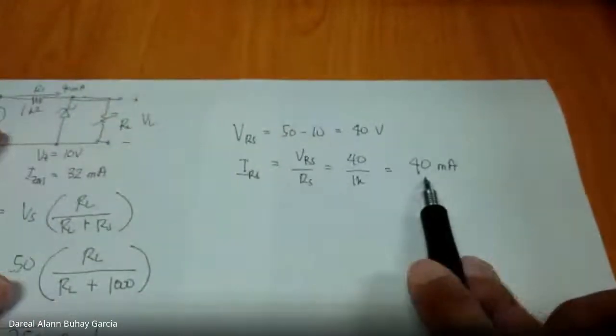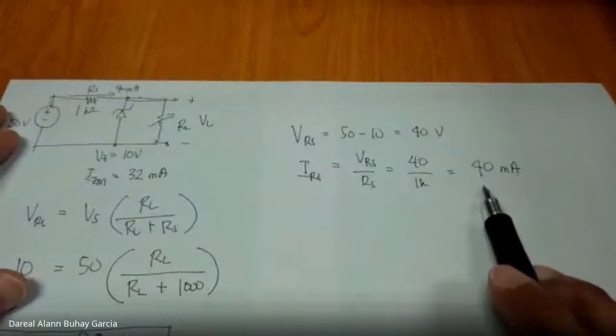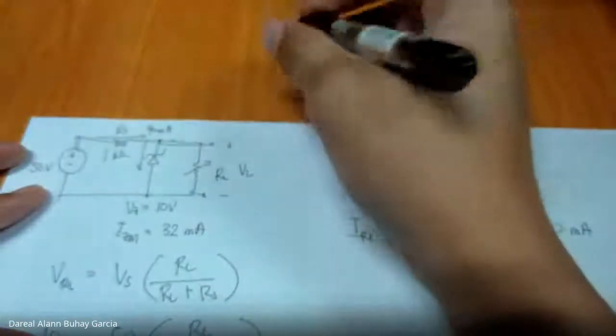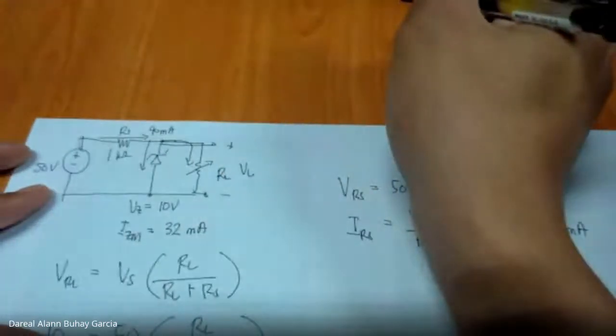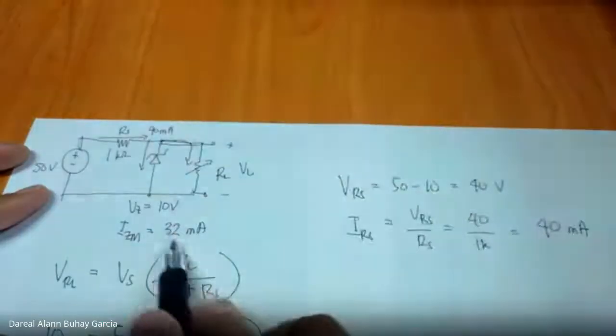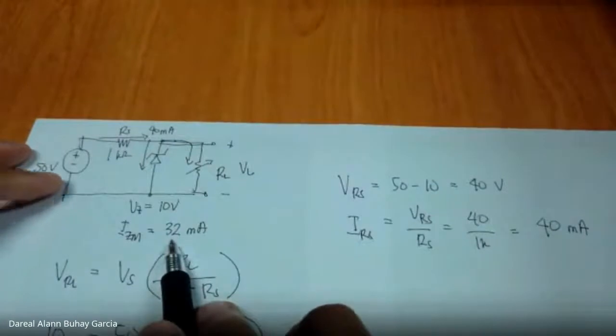So we subtract the maximum current that may flow through the Zener. The maximum allowable current to flow through our Zener diode should be only 32 milliamperes.